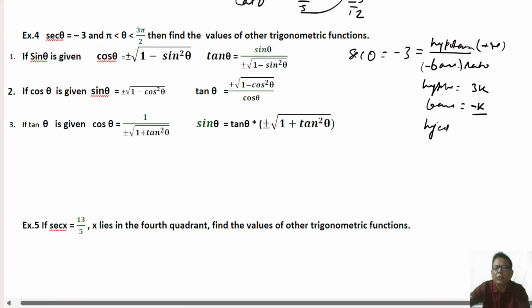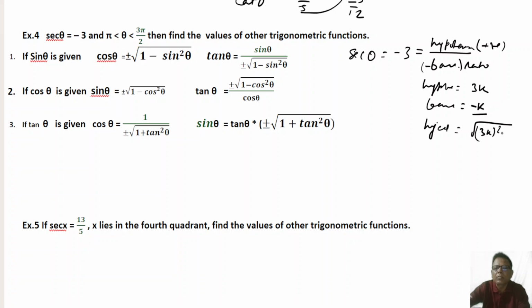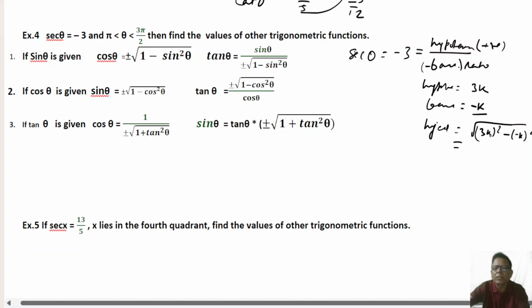Height is equal to root over 3k square minus of minus k all square. So that is equal to 9, and this is k. This is root 8k square, that means 2 root 2k. So 2 root 2k, this is a plus minus.